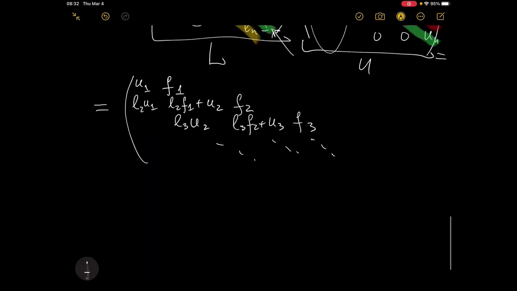So you have L n minus 1 U n minus 2, here L n minus 1 F n minus 2 plus U n minus 1, here is F n minus 1. And here is L n U n minus 1, L n F n minus 1 plus U n.